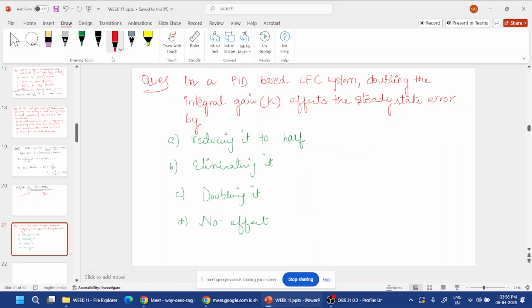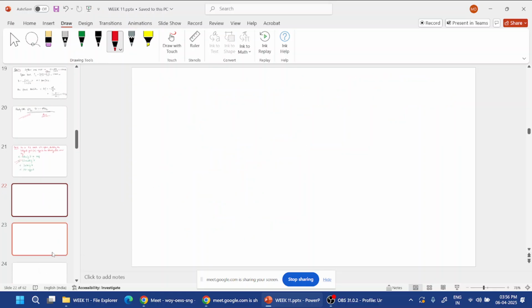So basically, what integral action does is eliminate the steady state error. So the right option is B.